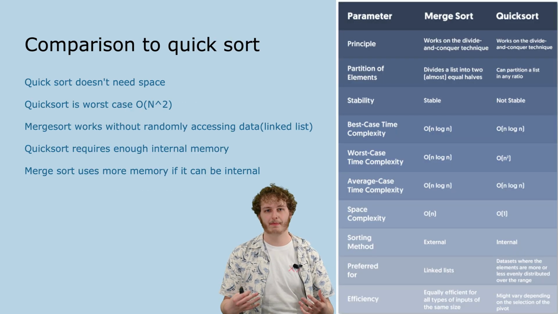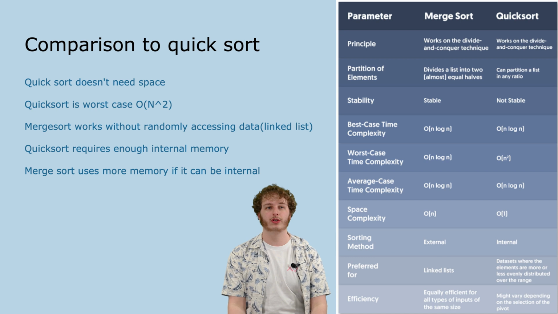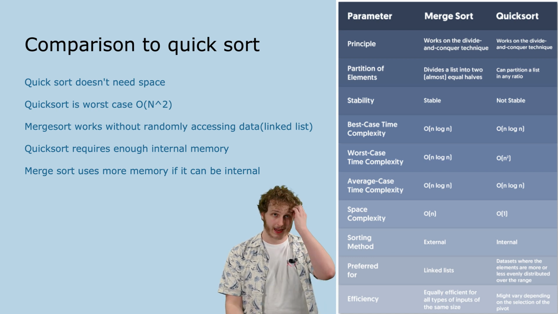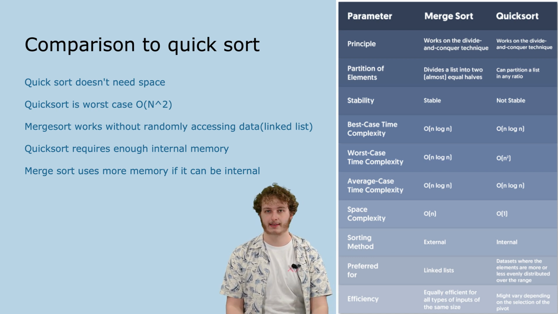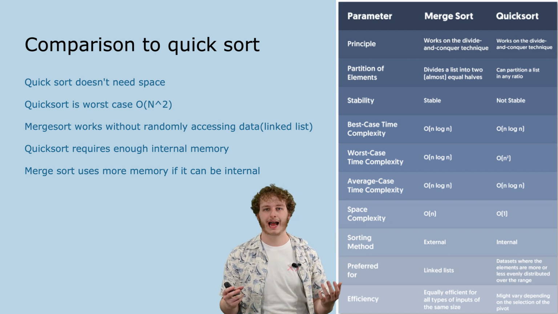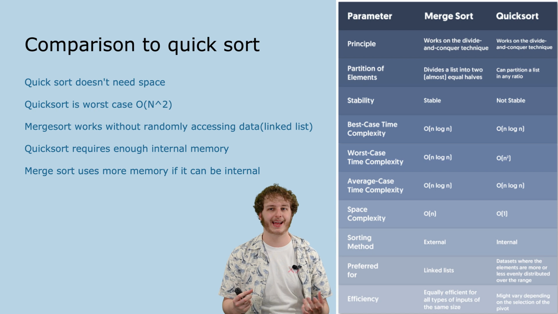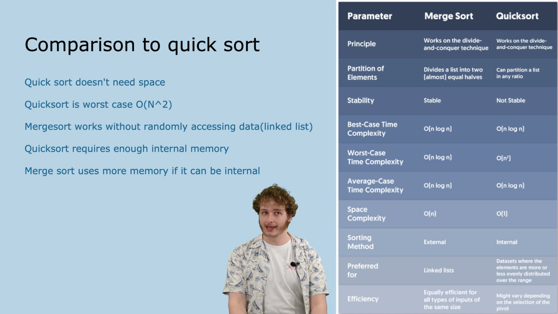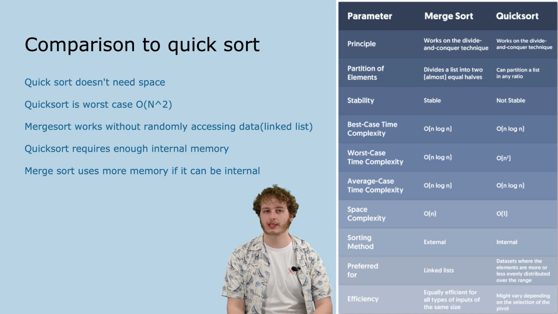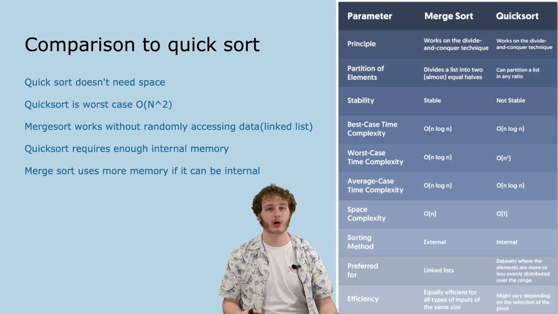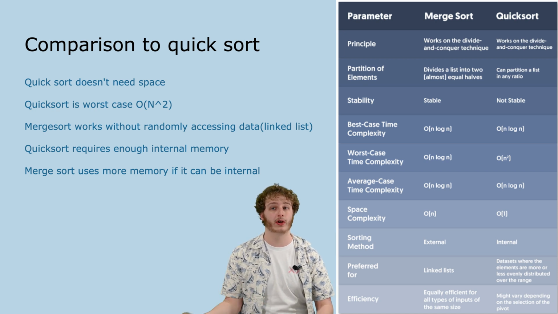This is just a last little bit of comparison. I don't know if you will get tasked on this in the final exam, but I think it's just good knowledge to have inherently. Now, Quicksort doesn't need extra space. That is one big upside for Quicksort, because both these algorithms have a best case, sort of expected case, of n log n. A big difference though is Quicksort is actually worst case n squared, whereas merge sort is worst case n log n.